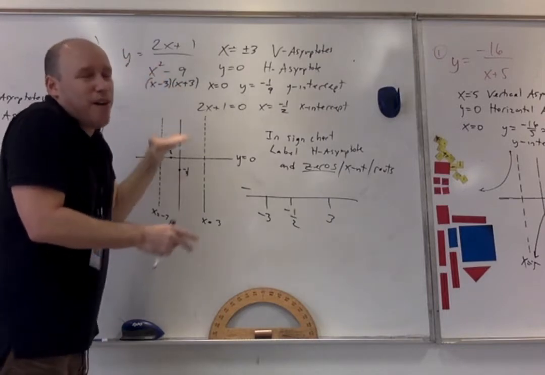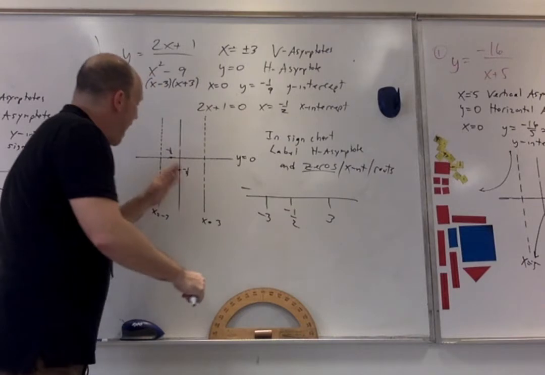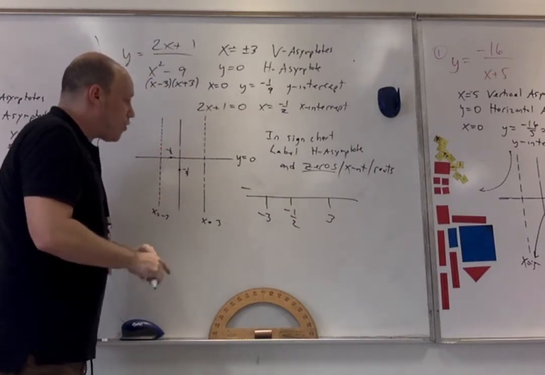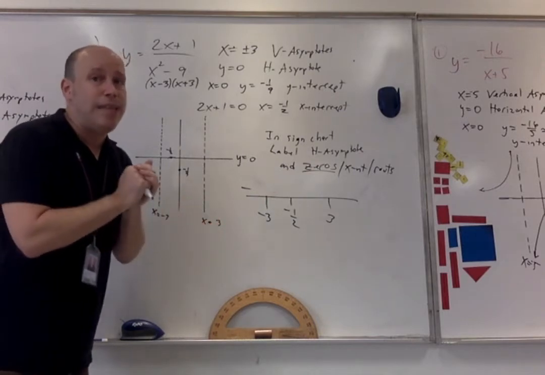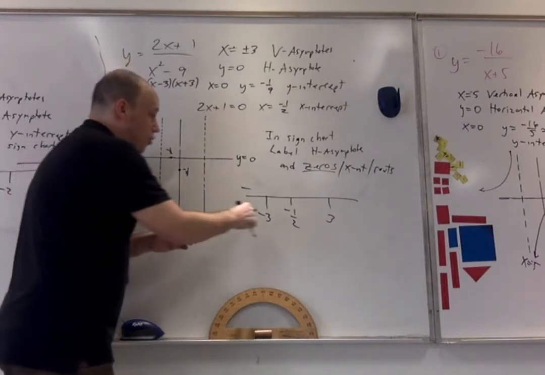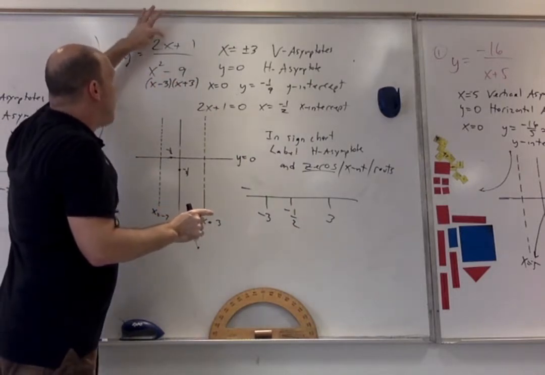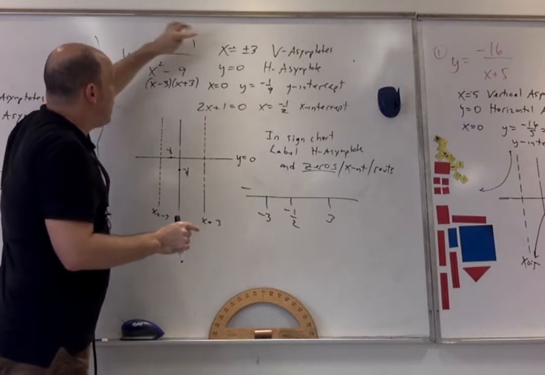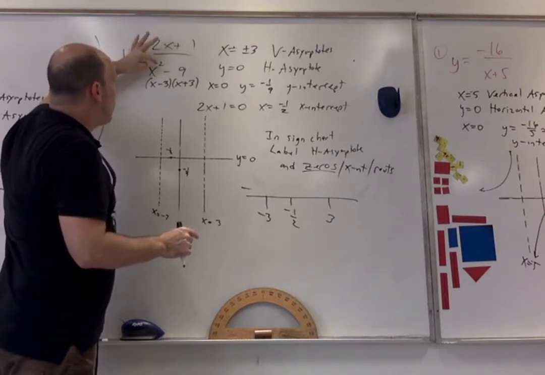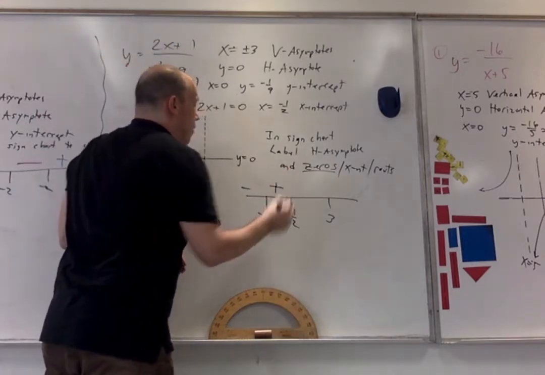So maybe I shouldn't have factored it. Anyway, let's pick something between -3 and -1/2. What's a good number between -3 and -1/2? Let's choose -1. So let's see. 2 times -1 plus 1 is -1. So that's negative. And -1 squared, 1 minus 9, that's also negative, which means this is positive.